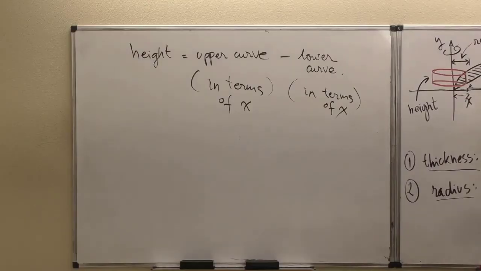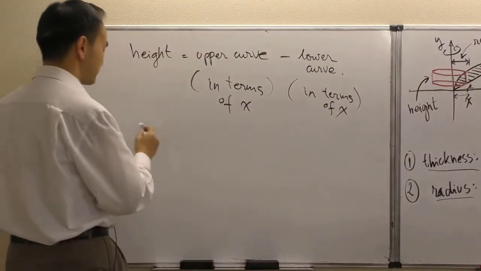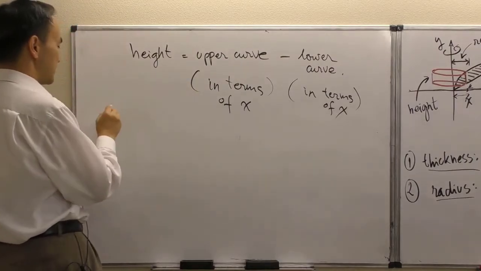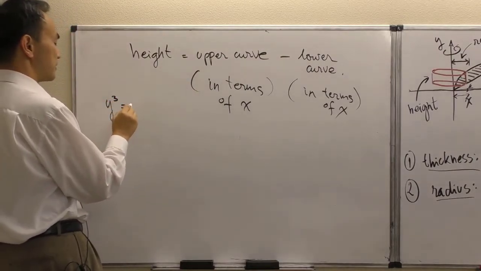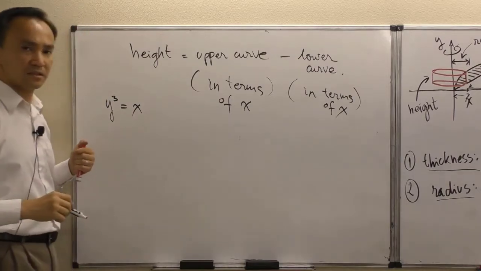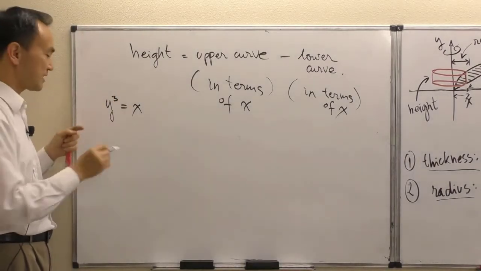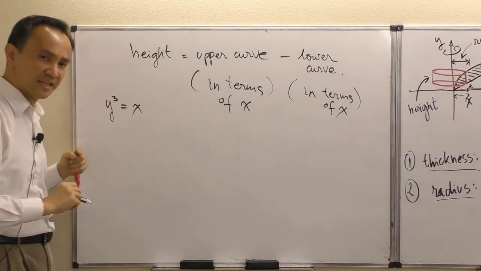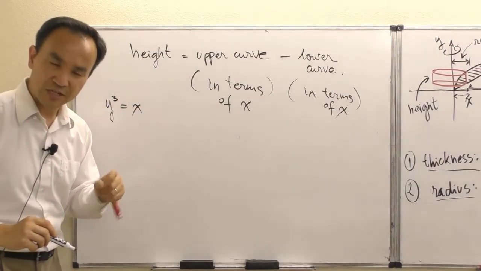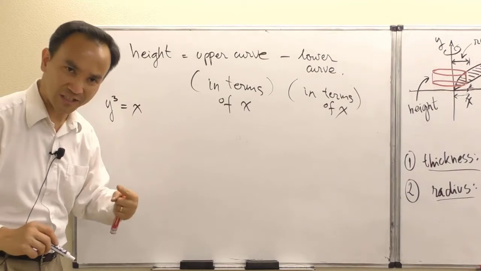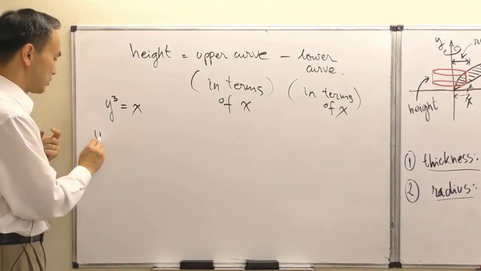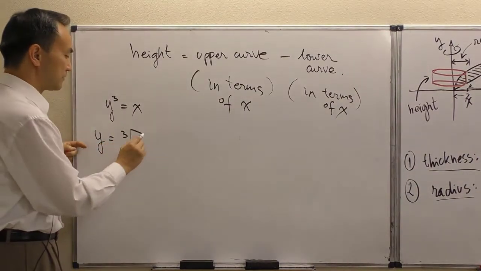Now what I see here, the upper curve is y cubed equals x. To re-express this curve in terms of x, I simply take the cube root on both sides. We don't have to do the plus and minus thing algebraically. So y equals the cube root of x.